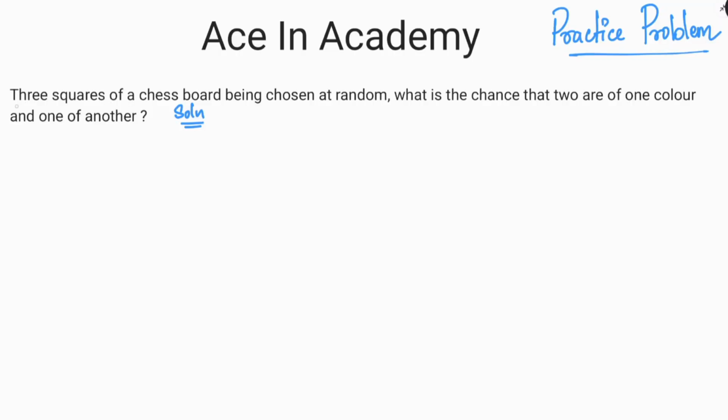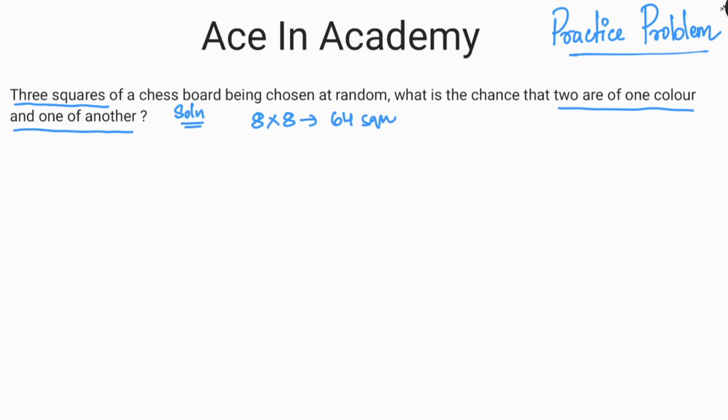So according to the given question, 3 squares of a chessboard are chosen at random. What is the chance that 2 are of one color and 1 of another? So we have to select 3 squares out of a chessboard. In total we have 8 rows and 8 columns in a chessboard, so we have 8 into 8, 64 squares.